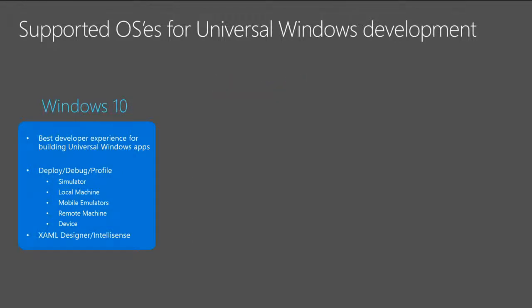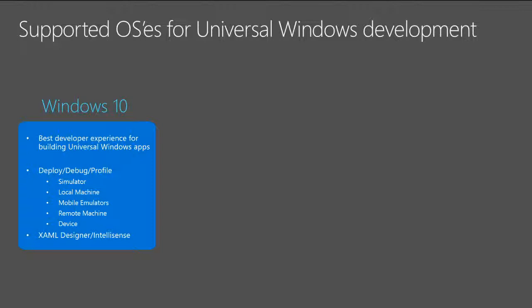Supported operating systems for Universal Windows development. Traditionally, we have only supported for Windows Store or Windows Phone developing on the latest and greatest. And we guarantee the best possible development experience when you're developing on the latest version of Windows 10 and the latest version of Visual Studio.